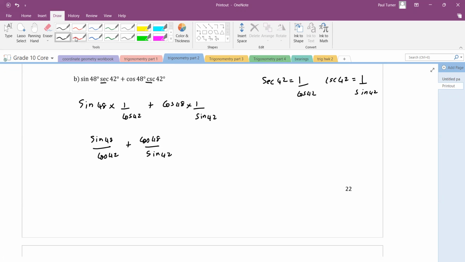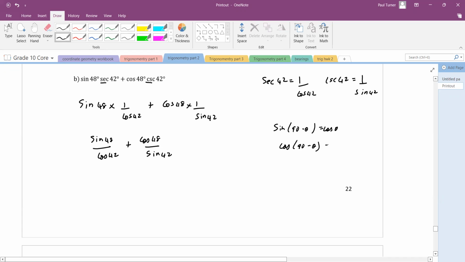Now we can use the complementary angle rule. Sine 90 minus theta is cos theta, and cos 90 minus theta is the same as sine theta.